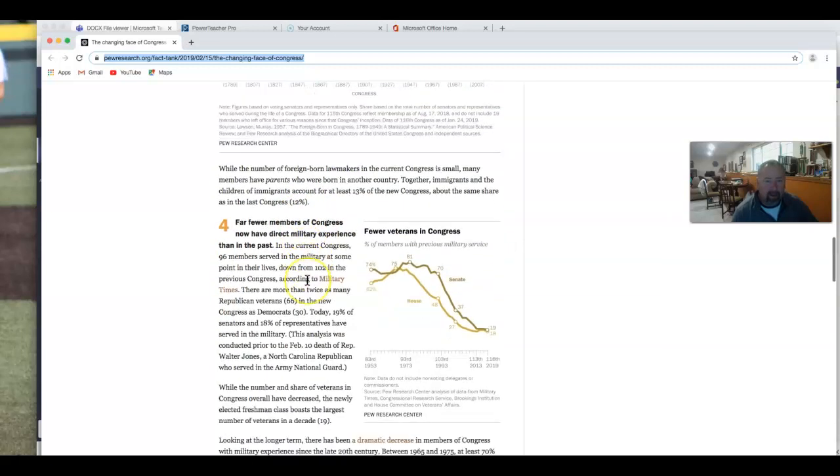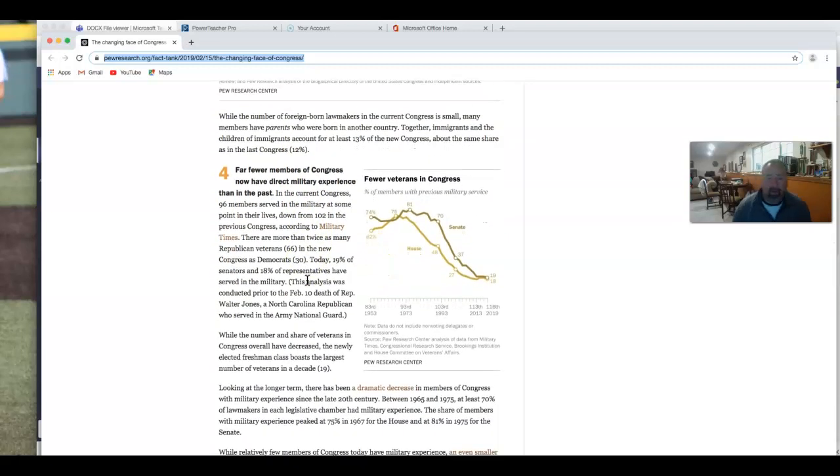Okay. Veterans, the World War II generation was very adequately represented, as you can see. Look at this, 74% of senators had served in the military, 81% here. So this would be your World War II, Vietnam, Korea generation of Americans.